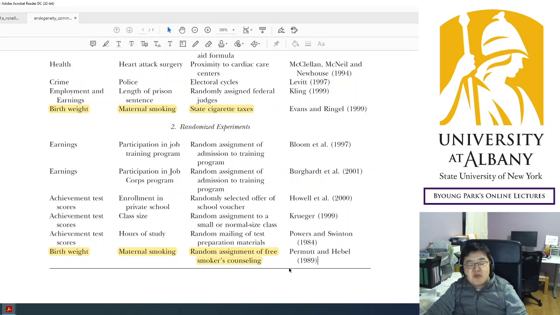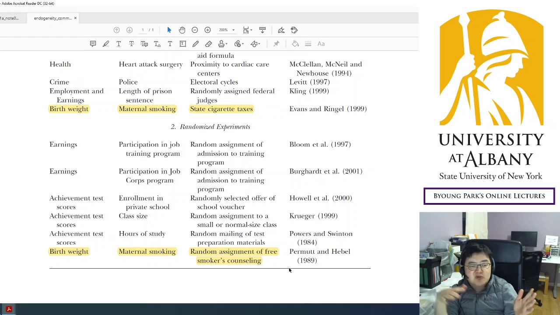So you have a set of random mothers, pregnant women, and you randomly choose some of them and randomly assign smoking counselors, counseling on how to quit smoking, for free. That assignment is random. Being random is really powerful in statistics.